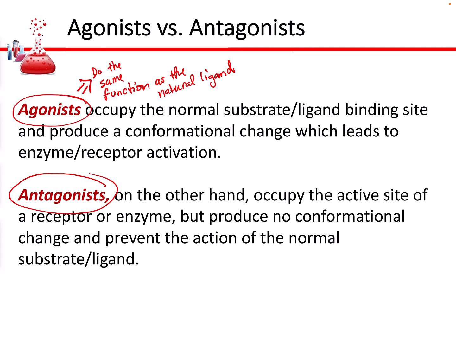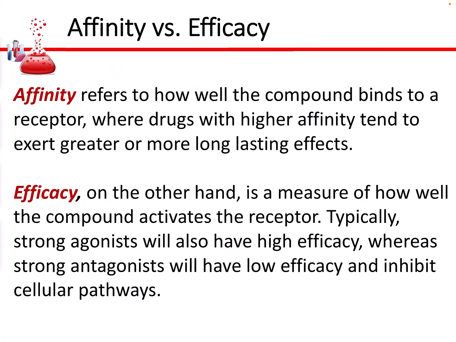They can bind to the active site of the receptor or an enzyme, but they don't produce the conformational change, and they prevent the action of the normal substrate or ligand. So agonists or antagonists.